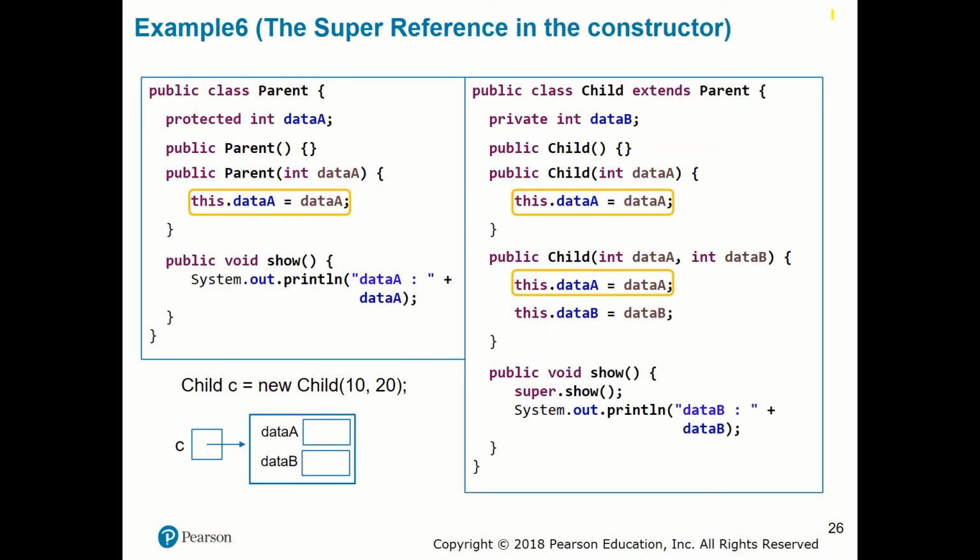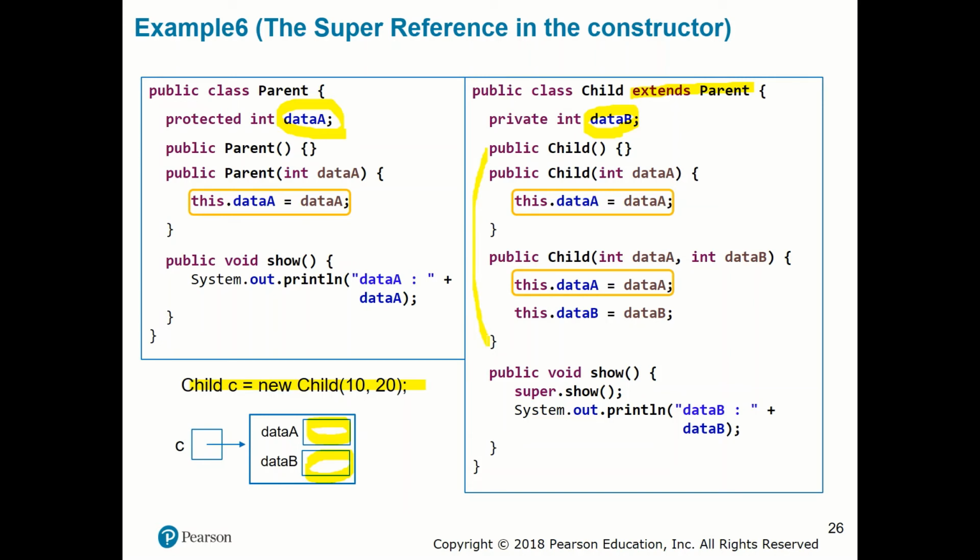A super keyword can be used in the constructor. I'll explain it with this example. Since the child class inherits from the parent class like this, an object of the child class actually has two data members, data A and data B, right? So if you create an object of a child class like this, it will have two places, one for data A and the other for data B. In the child constructor, there are three constructors.